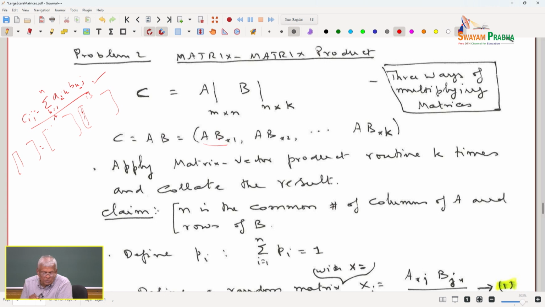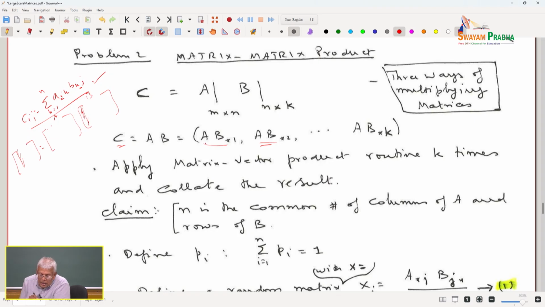So, A times B star 1, what is that? The whole matrix A multiplied by the first column of B gives rise to the first column of C. A multiplied by the second column of B gives rise to the second column of C. So, I can recover C either element by element using the inner product, or by column using the matrix vector product.